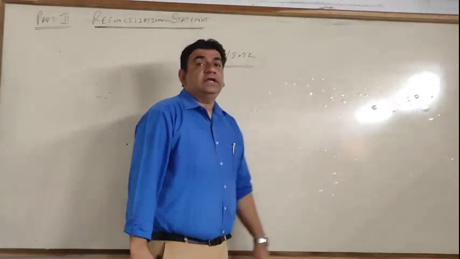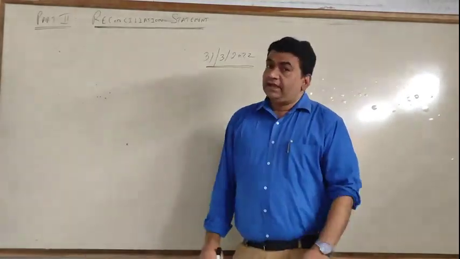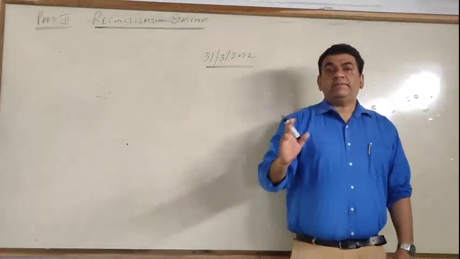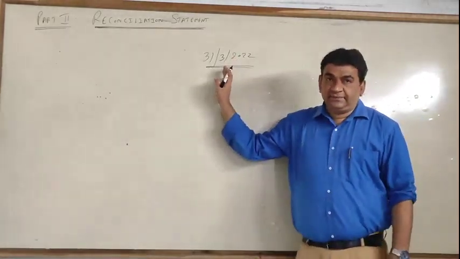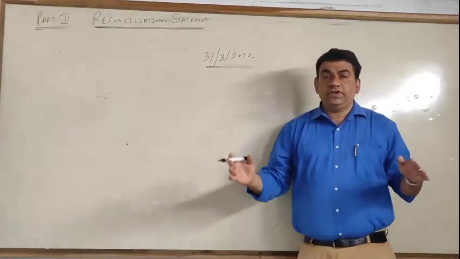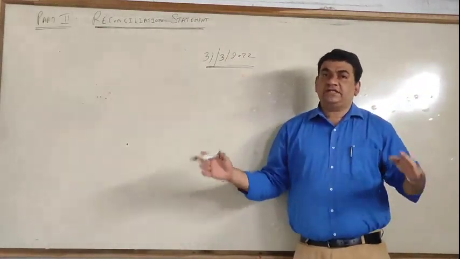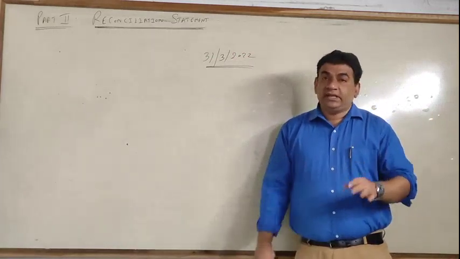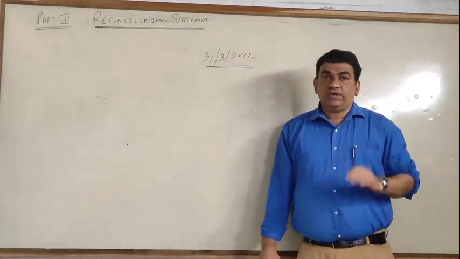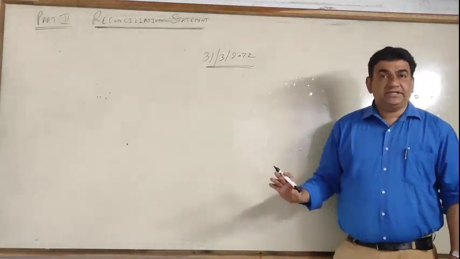Your year ends on 31st March 22. Now what will happen? We will prepare trading P&L and balance sheet on this day. Whatever you all have done last few days, preparing the store ledger, FIFO, weighted average, let it be periodic or perpetual, whatever value of stock you get, that goes in the balance sheet.